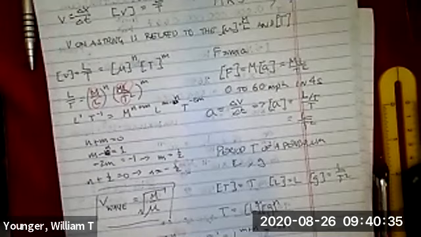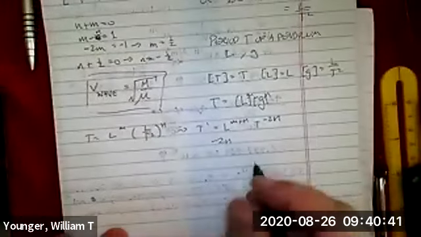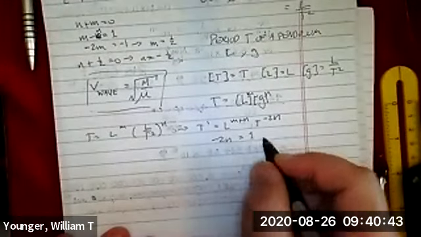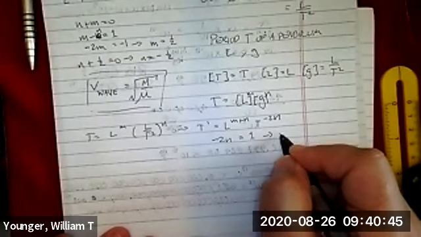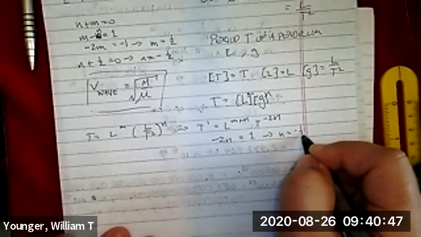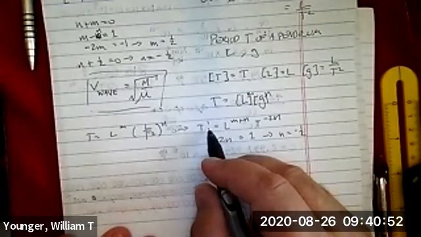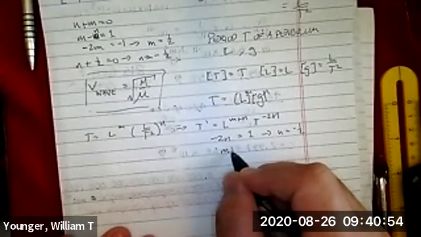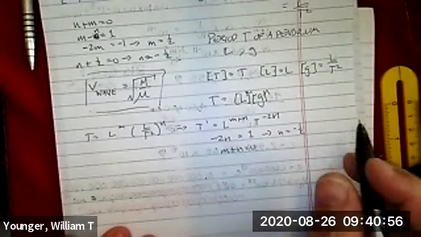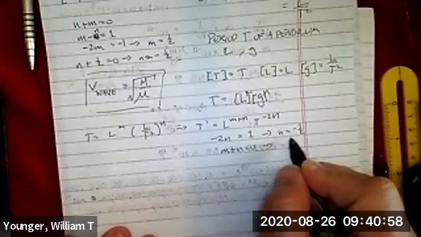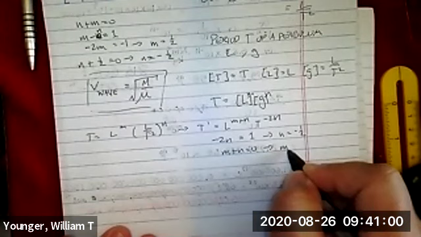So we know T has a power of 1, so -2n must be equal to 1. That tells us that n is equal to -1/2. We also know that there's no L over here, so m plus n must equal 0. Given that n is negative 1/2, m must be plus 1/2.